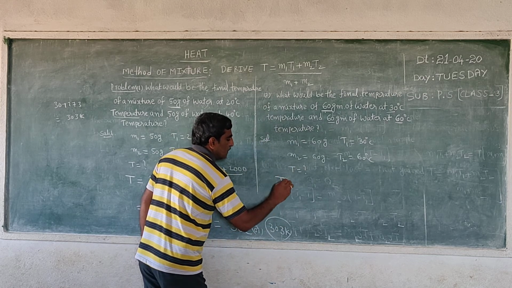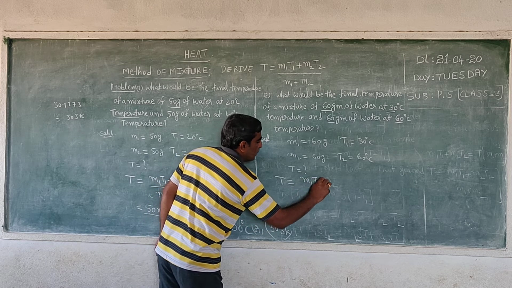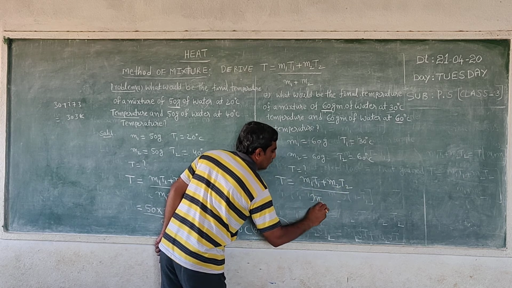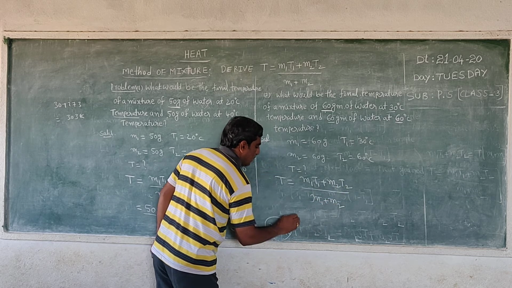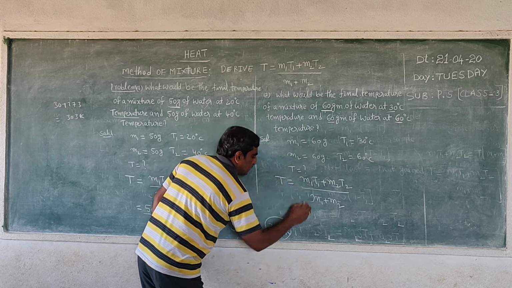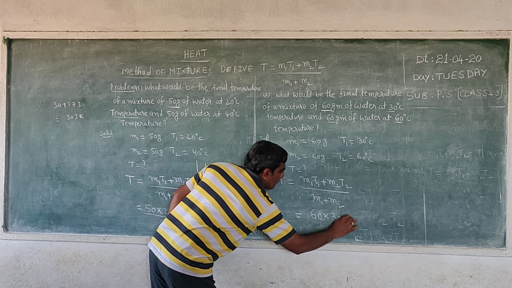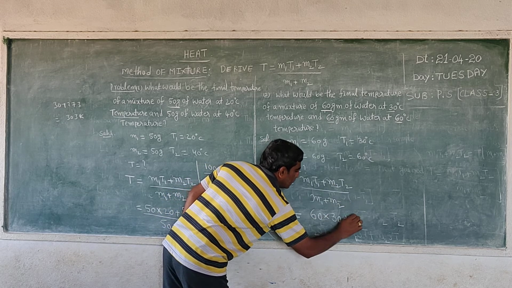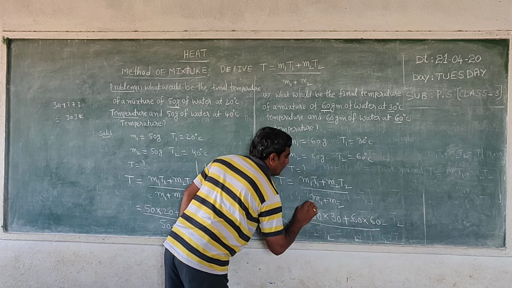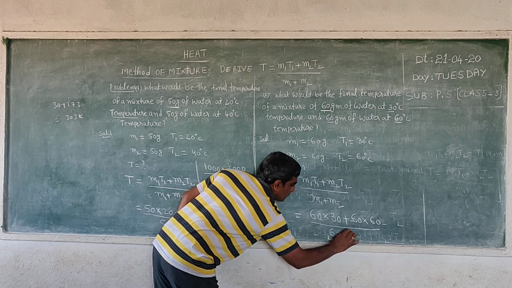So we can find the final temperature of the mixture. We can use T is equal to M1 T1 plus M2 T2 by M1 plus M2. Then we can substitute the given values in the formula. M1 60 into T1 30 plus M2 60 into 60 by M1 plus M2, 60 plus 60.